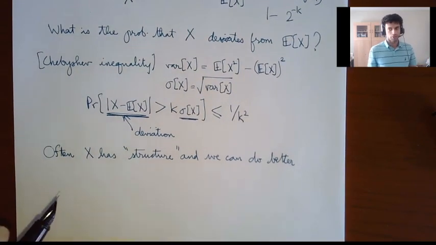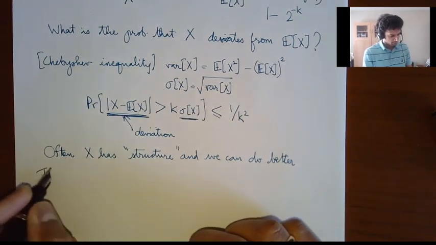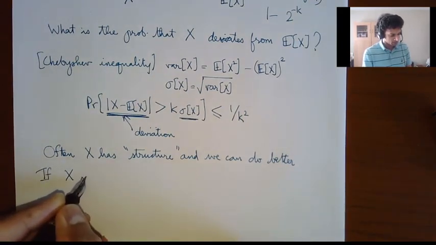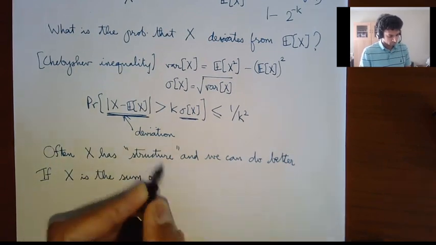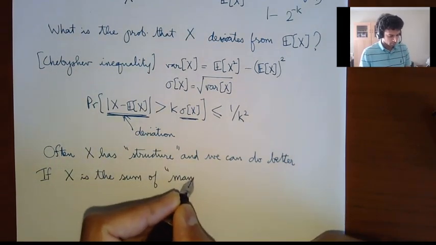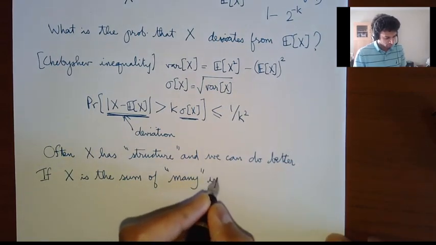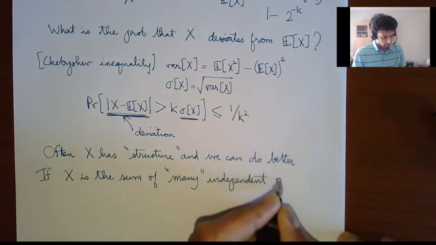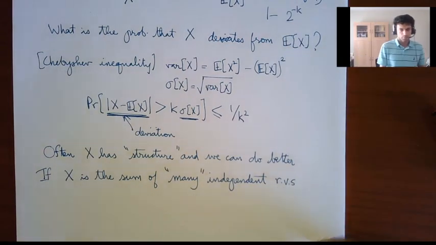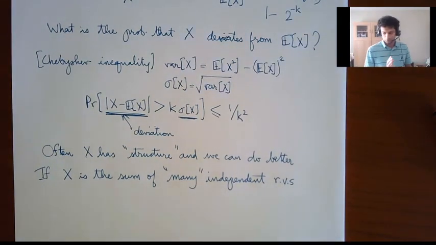And so what is the structure? And this is going to lead us to the Chernoff bound. That if x is the sum of many independent random variables, I'm going to give you an intuitive picture.